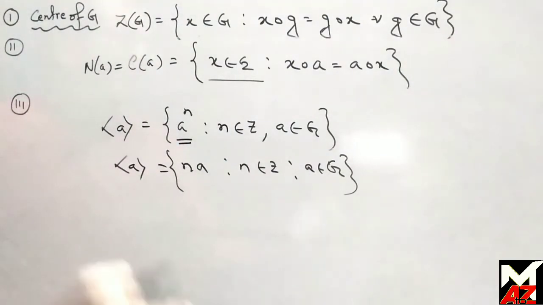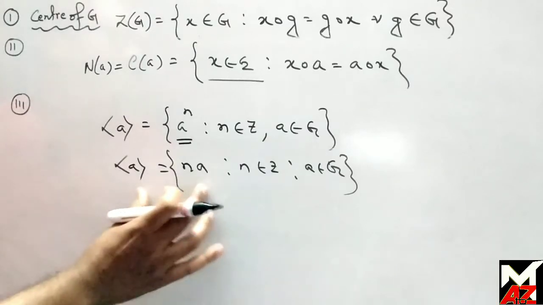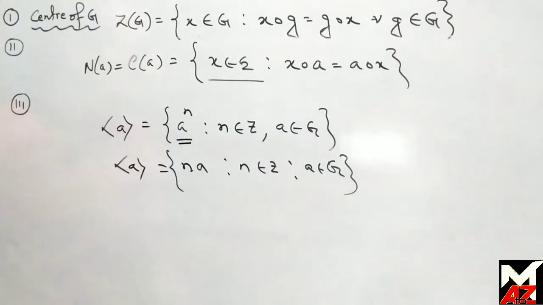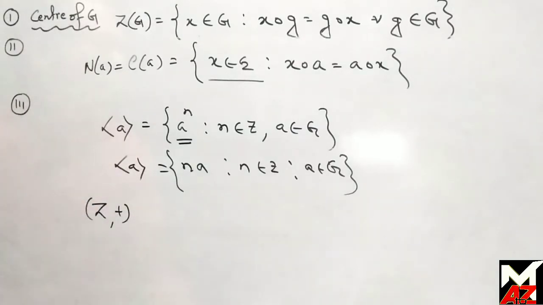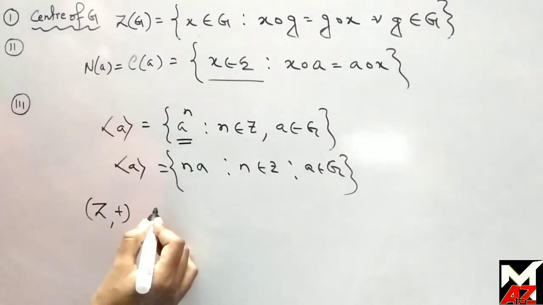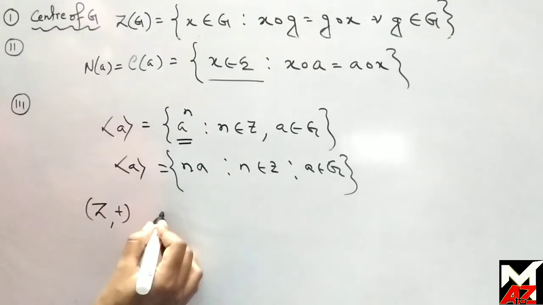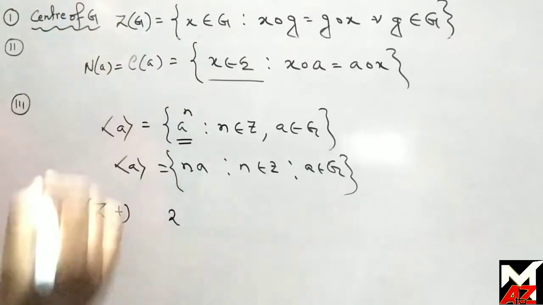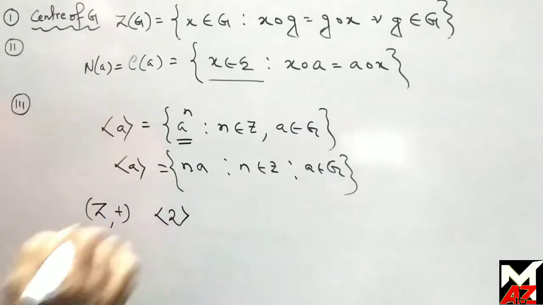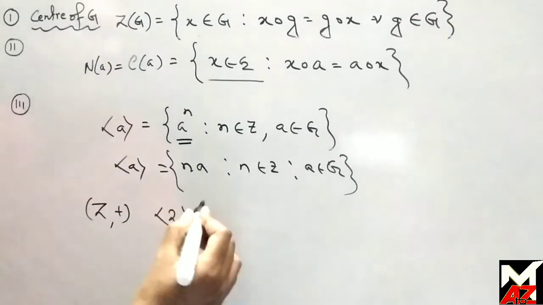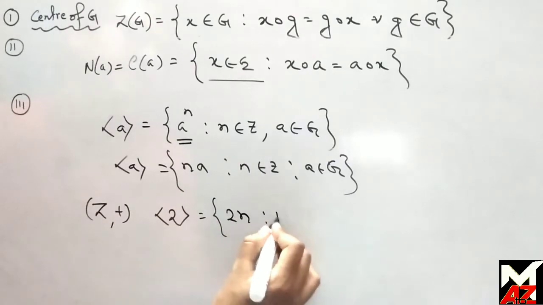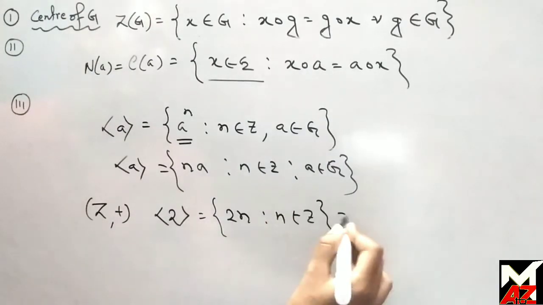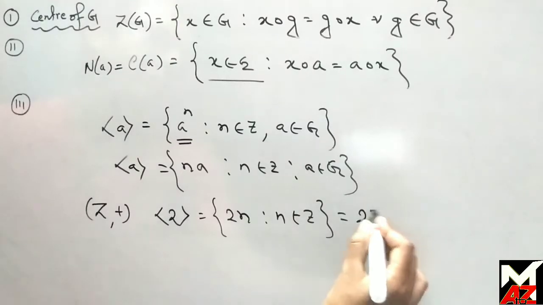Now, an important example of this type of cyclic subgroup: if we consider Z plus as a group and take the element 2, then the cyclic subgroup generated by 2 is 2n, such that n belongs to Z, and this is obviously 2Z.